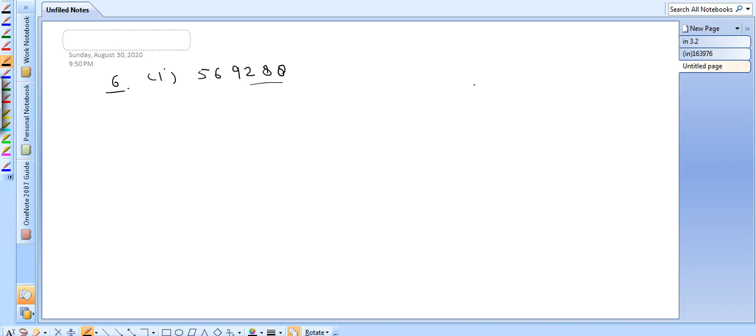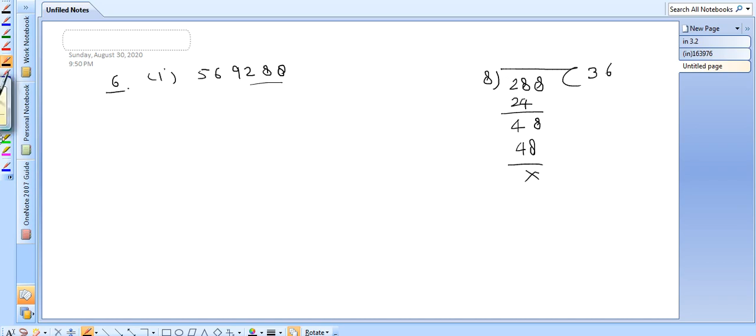Okay, now I solve for you for your convenience. सो हम 8 से डिवाइड करेंगे 288 को. Okay, now it is 8 3 जा 24. It is 4, that is the difference. We write 8, 8 6 जा 48. Okay, so you can see that the number is divisible by 8. So we can say that, okay, give the reason.